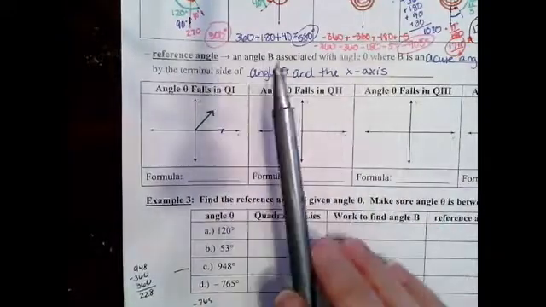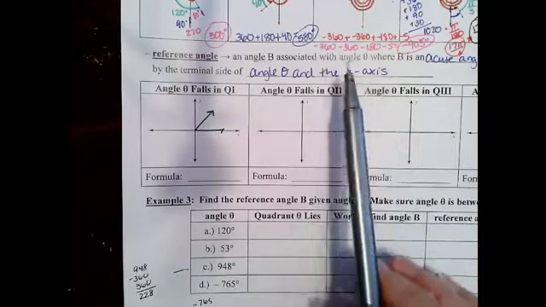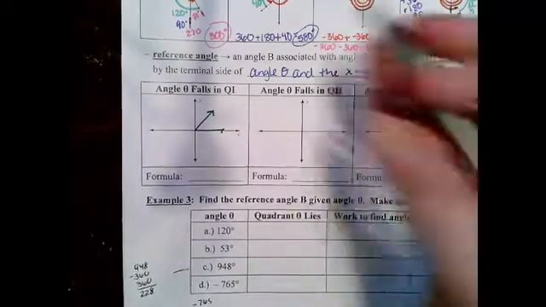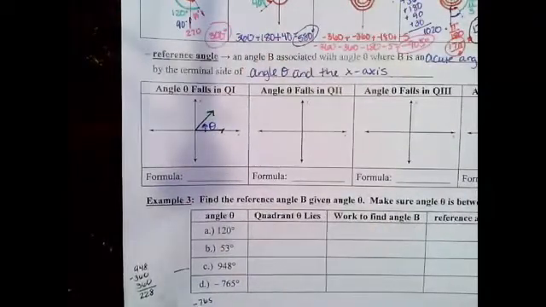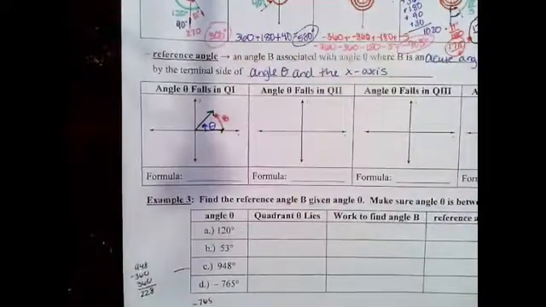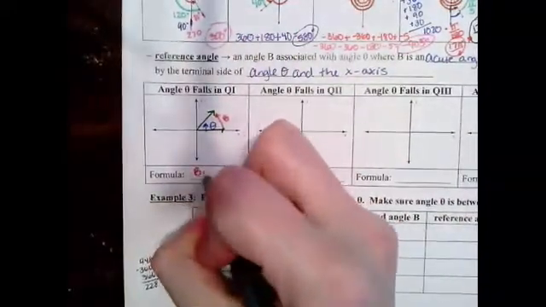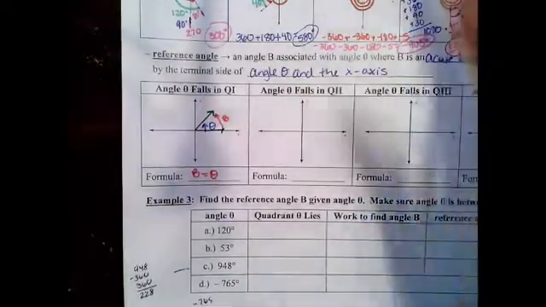So if it tells you about a reference angle, angle B, we're calling it B, associated with angle theta, where B is an acute angle. So since this is already an acute angle, theta, this would be your B, that reference angle that we're talking about. So B would just equal your angle theta here if it ends up in quadrant 1.